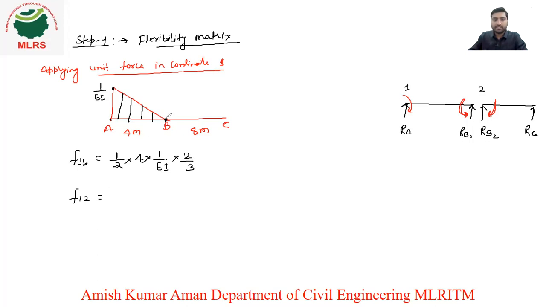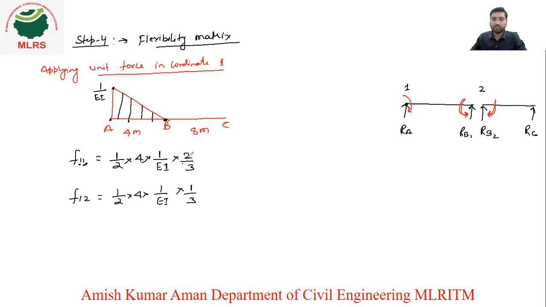But if you are taking at this point, then what will happen? The area will be the same, no issue, but if you are taking at this point, it will be 1/3. Simply remember, if a triangular structure is there, then from this point it will be 1/3, and from this point it will be 2/3.